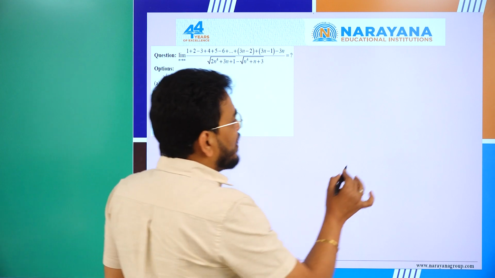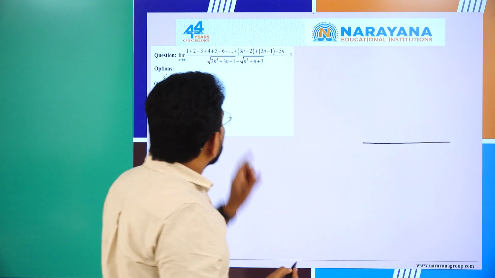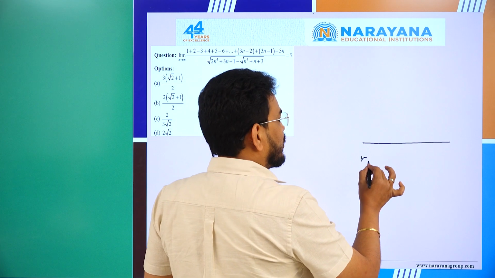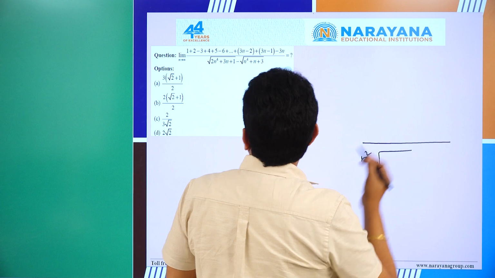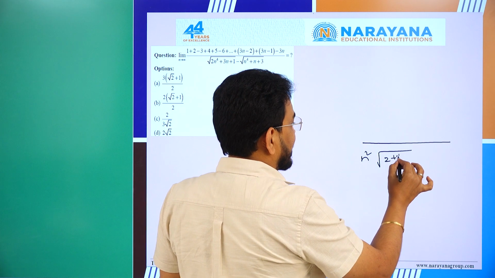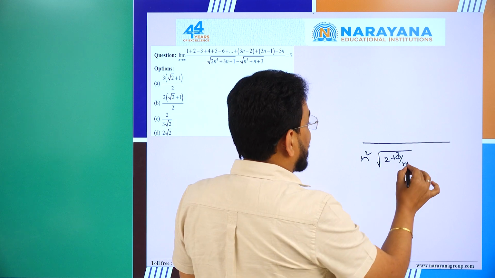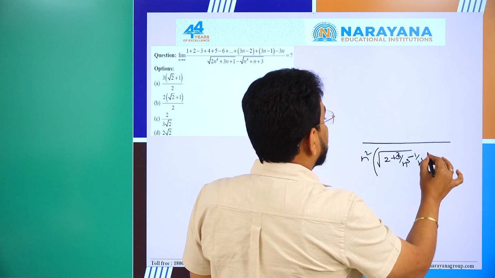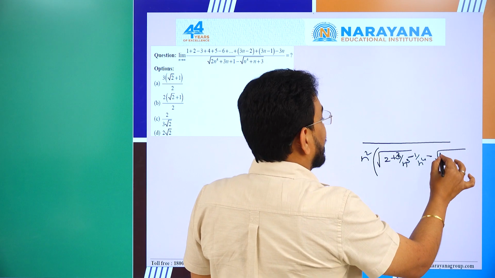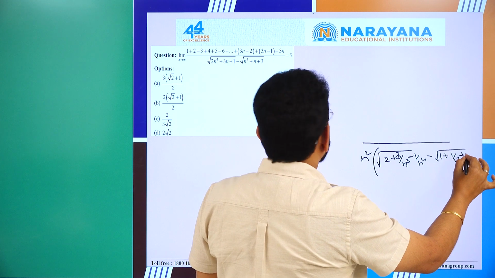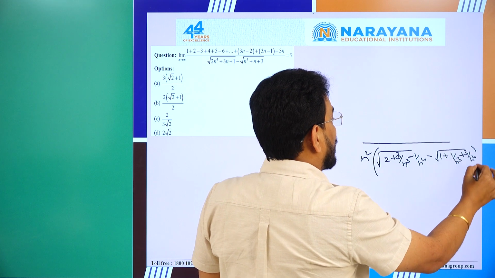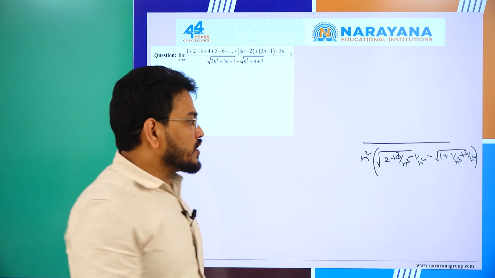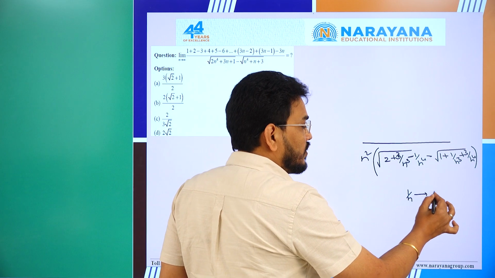If you look at the denominator, the highest power is n power 4, you take it outside, so you will be getting n square, and it is under root of 2 plus 3 by n cube minus 1 by n power 4 minus under root of 1 plus 1 by n cube plus 3 by n power 4. So as n tending to infinity, 1 by n goes to 0.